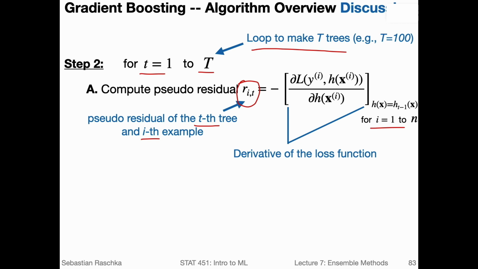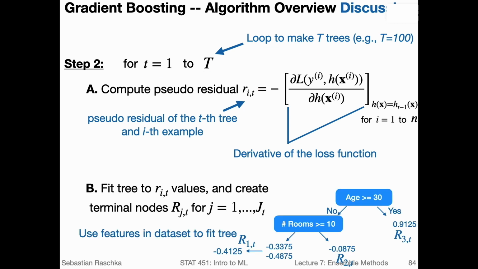Then we have the n training examples for which we compute the residuals. Then we fit the tree to these residuals, creating the terminal nodes. So t stands just for the tth round here, and j is just the indicator for the node. So for example, if we have 3 nodes, we would just enumerate them, R1, R2, and R3.